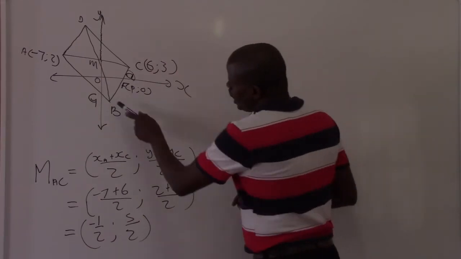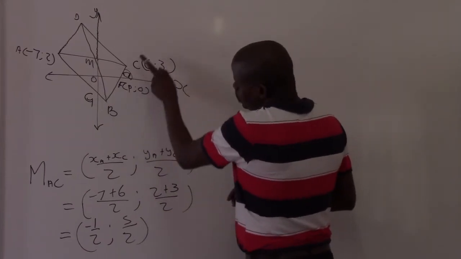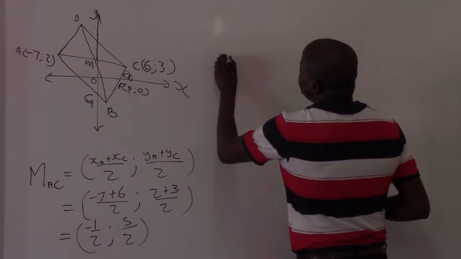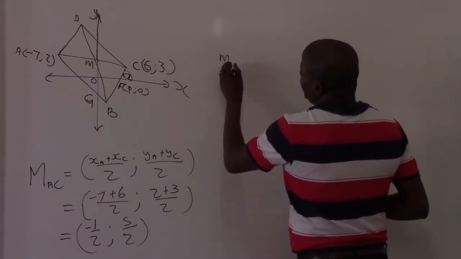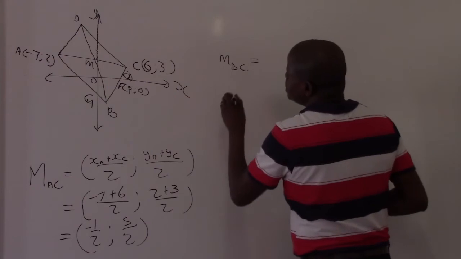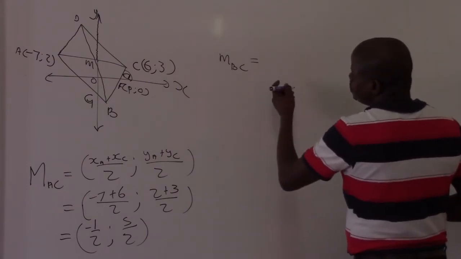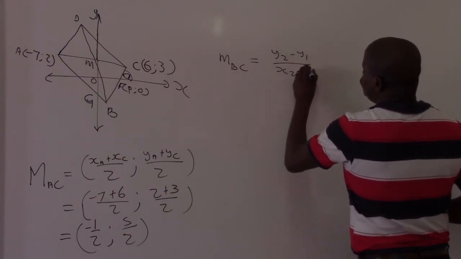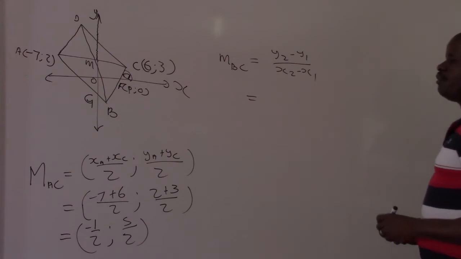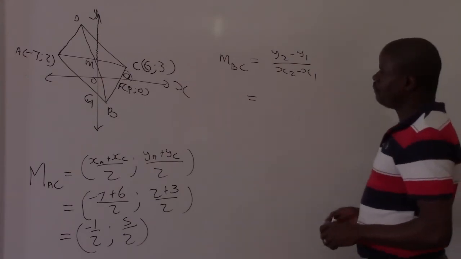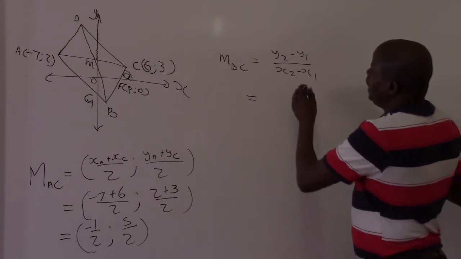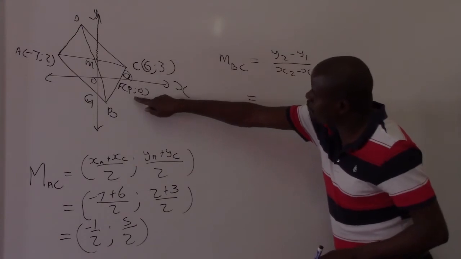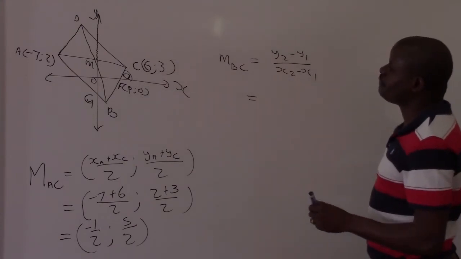So in this case, we are having BC, but along the way there's that F. They want us to find the gradient of BC, which is the change in Y over the change in X. We'll take F to be our second point, and we'll take C to be our first point.